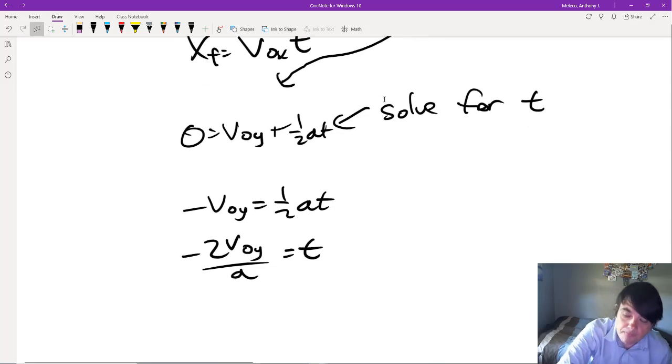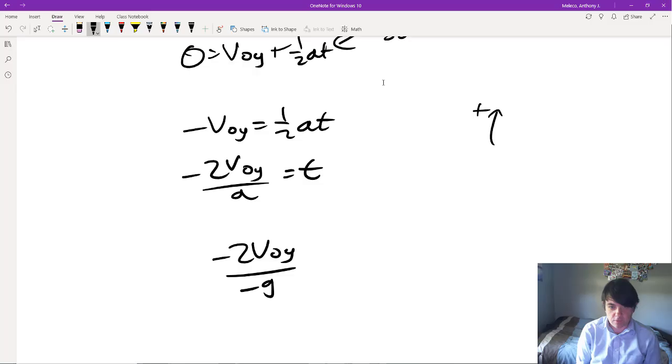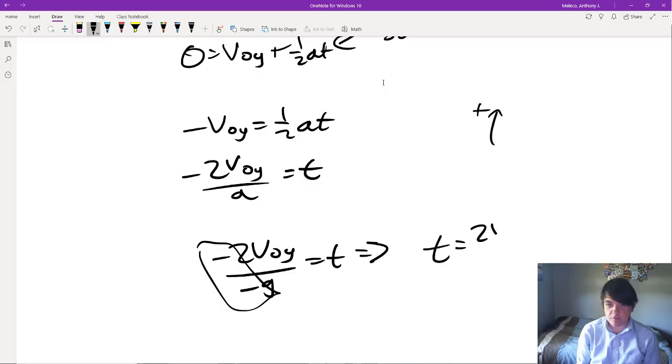Okay. This is going to be essentially g, right? If we have up as positive. This is what I was saying. This will be minus 2 v naught y over minus g. And so you'll see that goes away. So this means that t equals 2 v naught y over g.